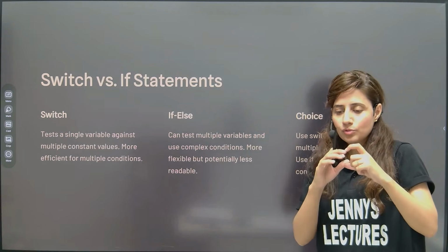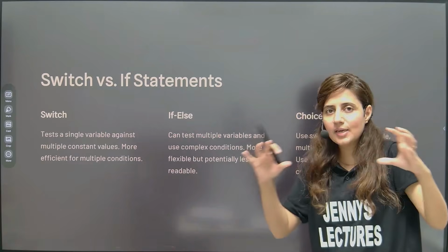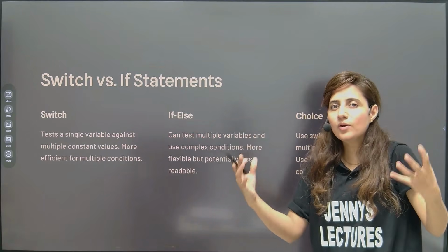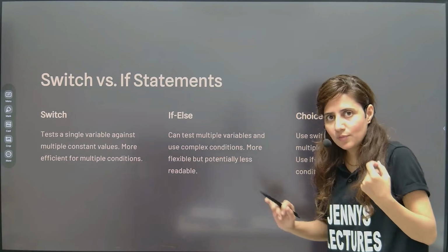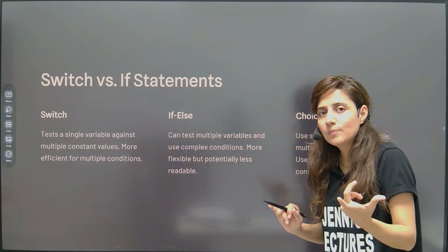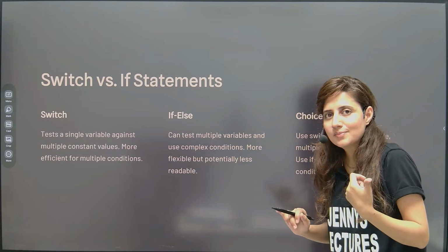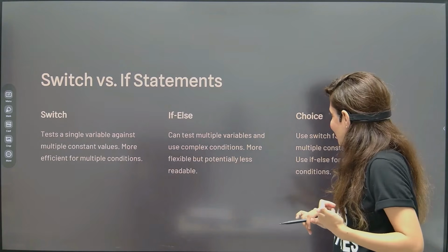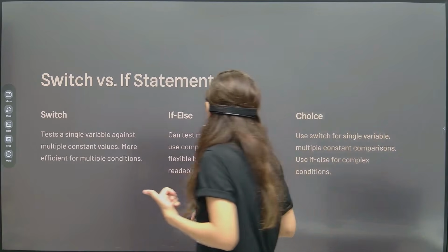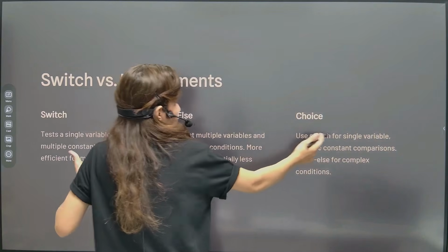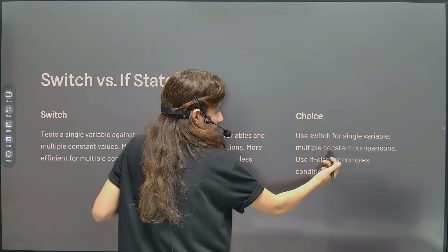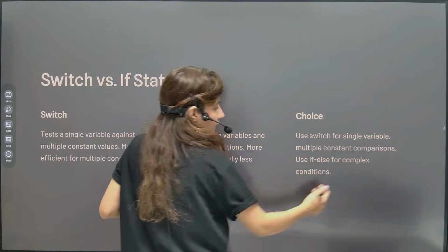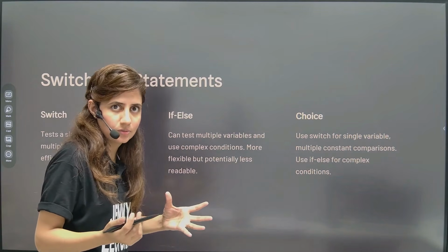So if you want to use a complex condition, or within the same condition use more than one variable, go for if else. If you want to use long, go for if else, because long is not allowed in switch, right? So use switch for single variable and multiple constant comparison. Use if else for complex conditions.